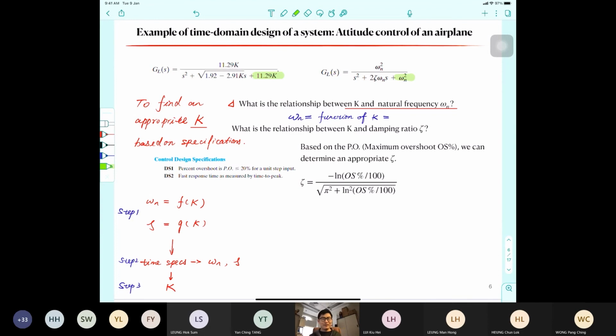One more step. Yes, not SRT, but SQRT, square root. Okay, so it needs to be square root of 11.29 K, right?